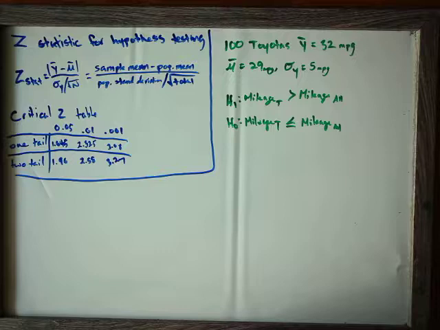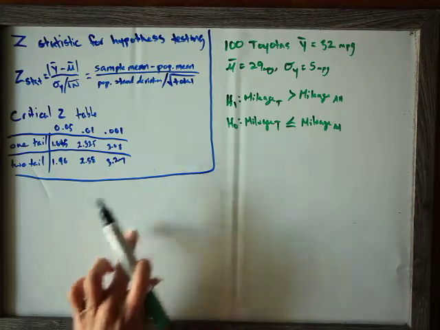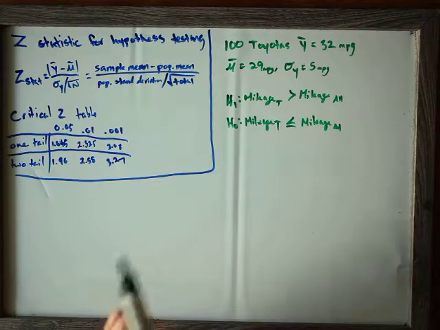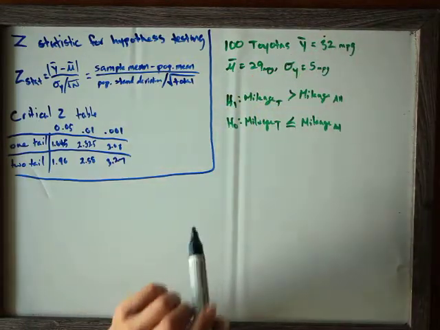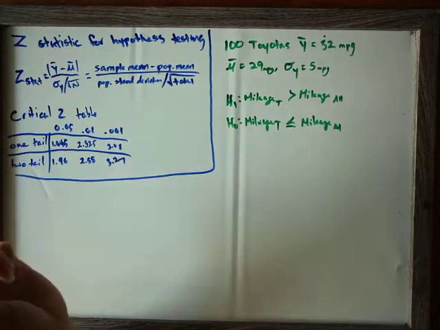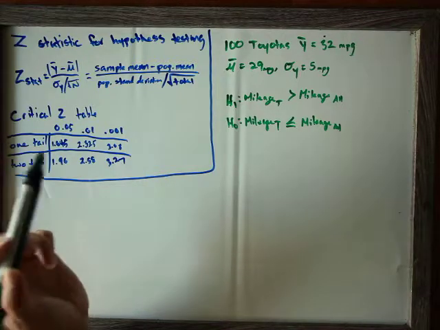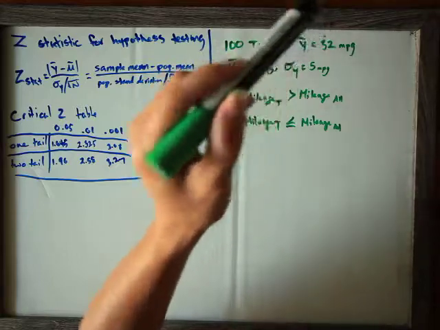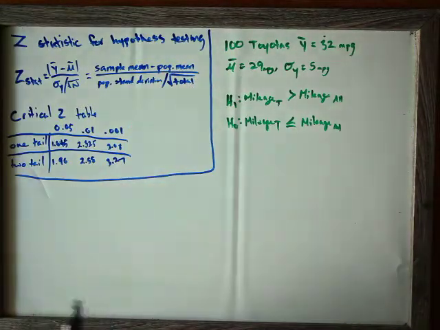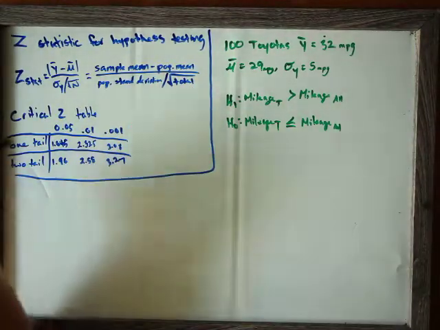So we have to do a statistical test to make sure that we are confident that this number, 32 miles per gallon, isn't due to sampling error. That's why we do this statistical test, to make sure that this value is actually statistically greater than this value. So we're going to calculate our z-statistic.